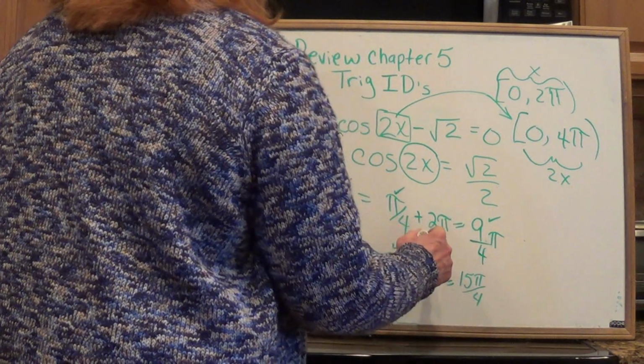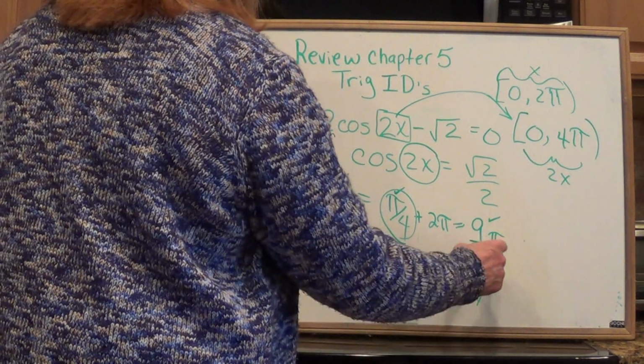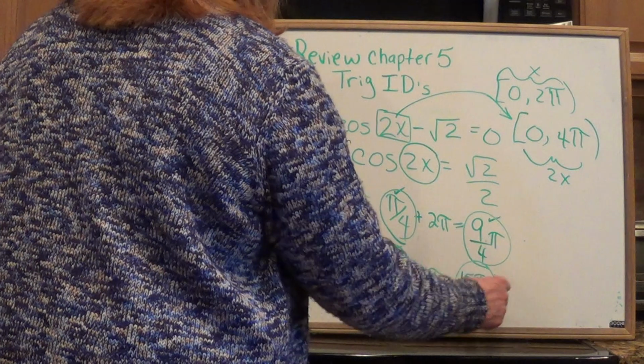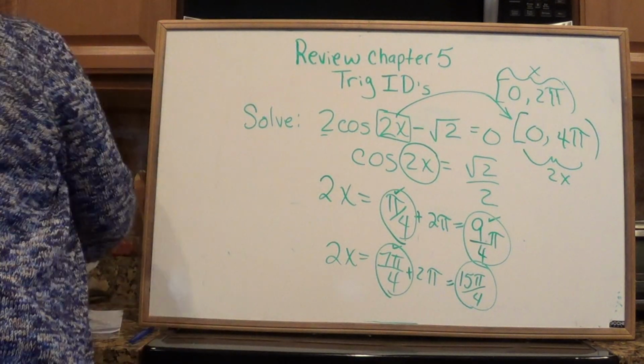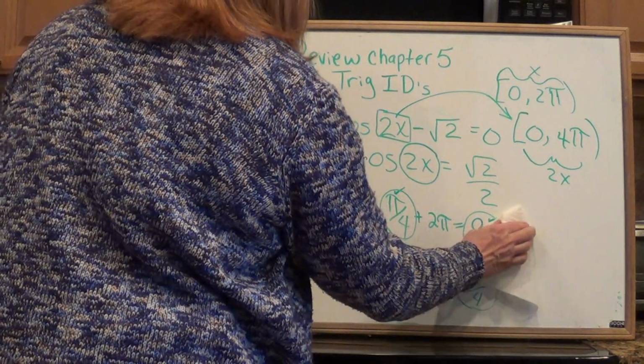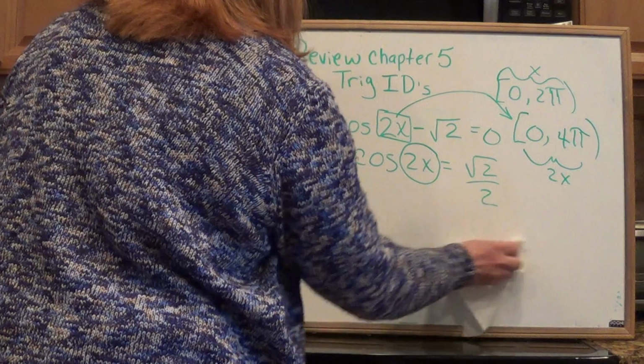So we ended up with pi over 4, 7 pi over 4, 9 pi over 4, and 15 pi over 4. Let me write those in one row so we can see clearly what's going on without all my spinning work.